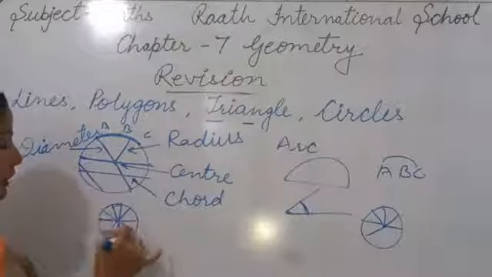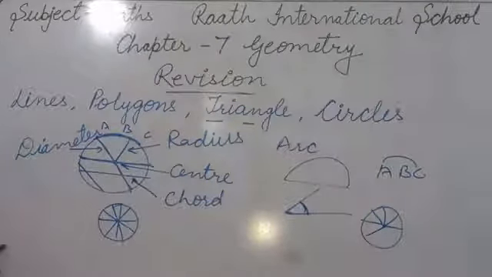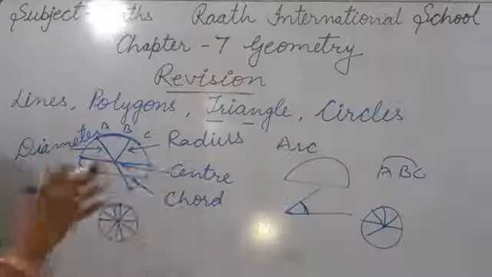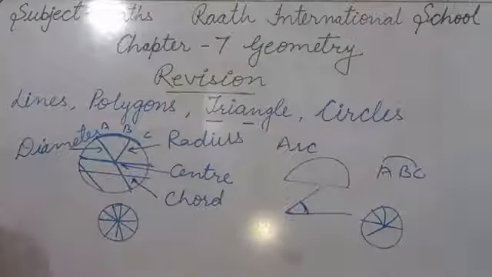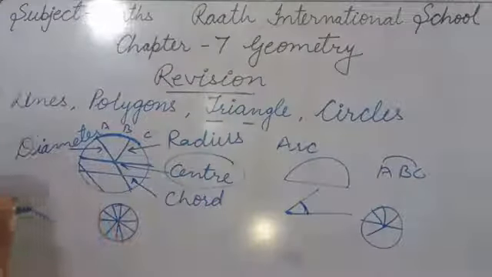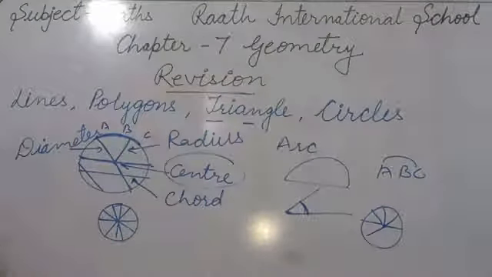Infinite number of diameters and chords also infinite. 3 things are infinite: radius, diameter and chord. We can make any number of them in a circle, but the center is only 1. Clear? Semicircles: 2. In a circle we have 2 semicircles.